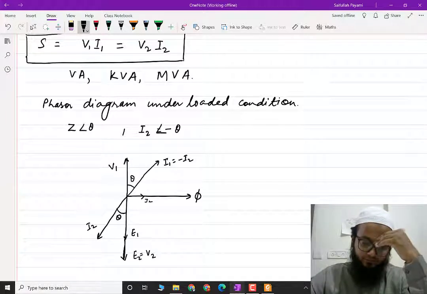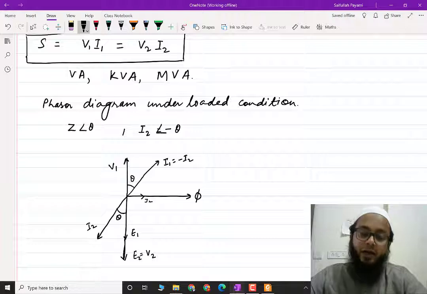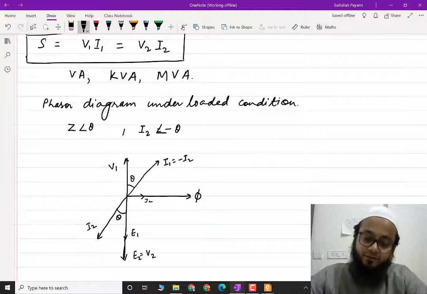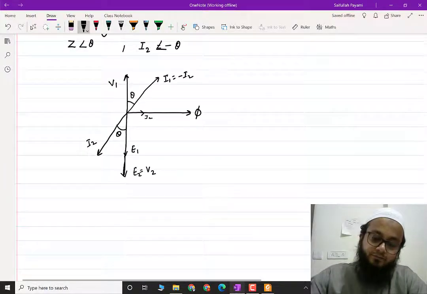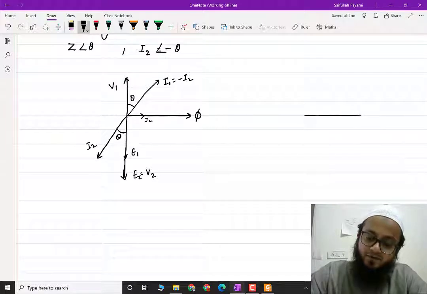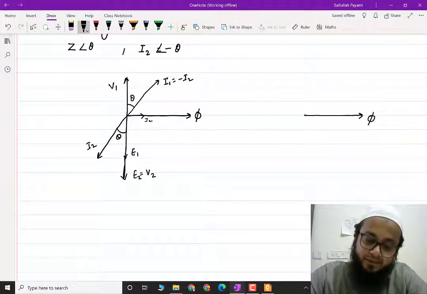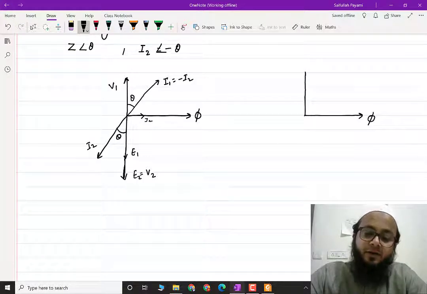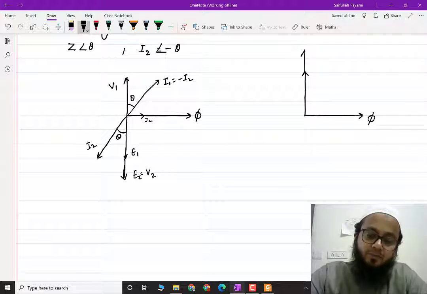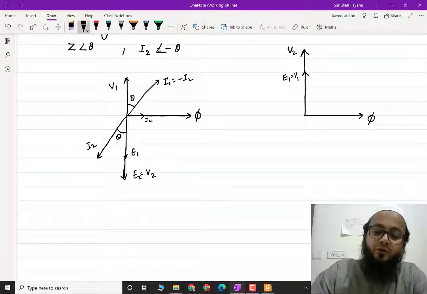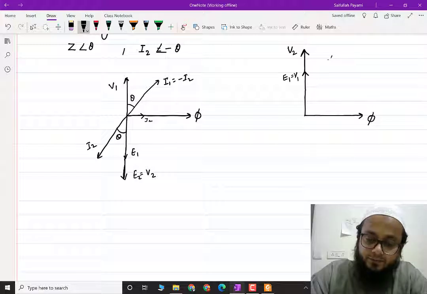And if I want to draw it with the second convention, then in that case, if phi is here, I won't talk about the V1 and the power thing here. So if it is E1, which is equal to V1 here, and this is V2 or E2, then I2 would be lagging the voltage.